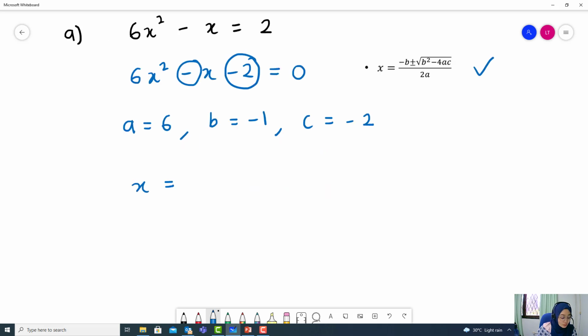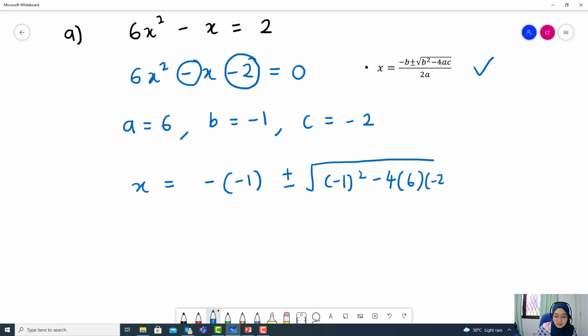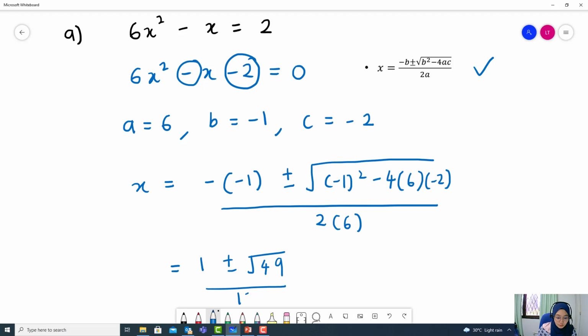So x equals negative b, negative times negative 1, plus minus the square root of b squared minus 4ac, negative 1 squared minus 4 times 6 times negative 2, divided by 2a, 2 times 6, equals 1 plus minus 49 over 12.